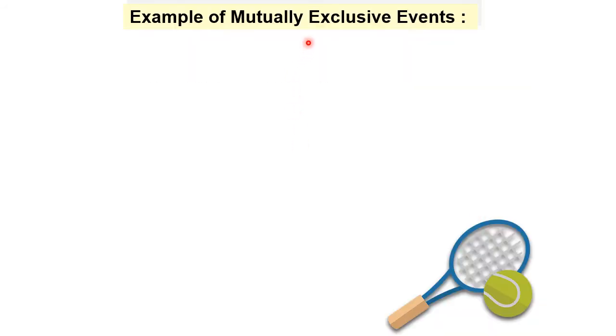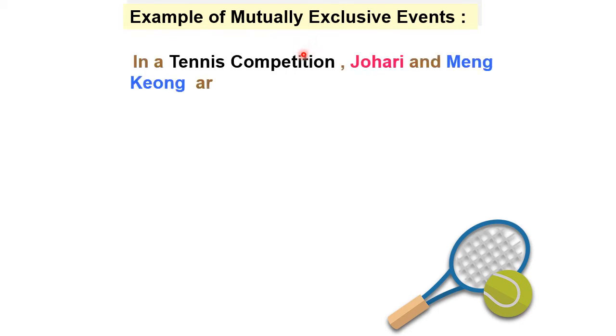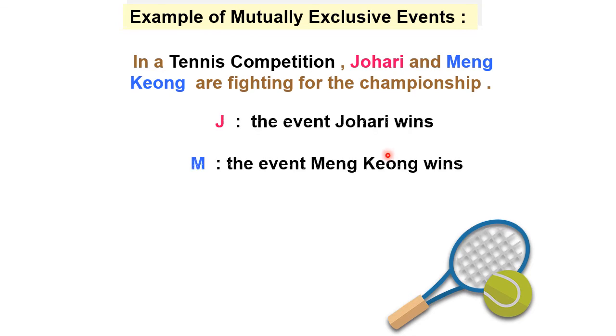So what is an example of a case of mutually exclusive? So let's say in a tennis competition, Johari and Meng Kiong are fighting for the championship. So let's say Johari and Meng Kiong both progress into the final match to determine which one will become the champion.